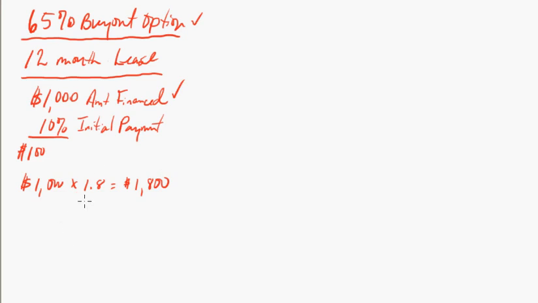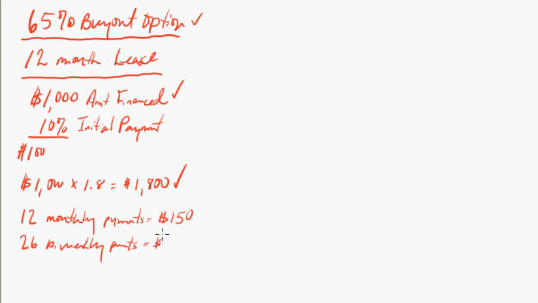To calculate monthly, bi-weekly, and weekly payments, Progressive will take the $1,800 and divide that by 12 for monthly, which is equal to $150. Bi-weekly, which is 26 weeks, that's equal to $69.23.